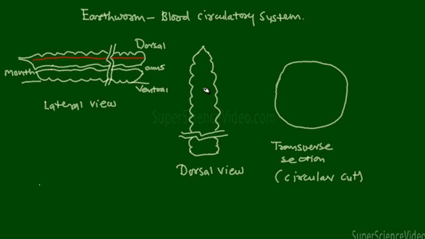In simple dorsal view from upper side, this line appears and it runs along the body to the middle side. We can see this line externally. This line is dorsal blood vessel.